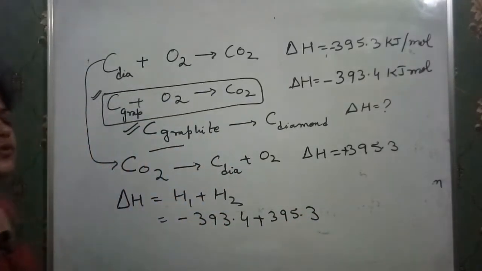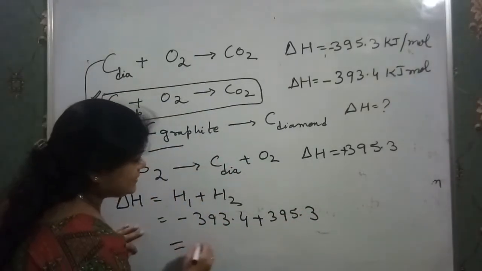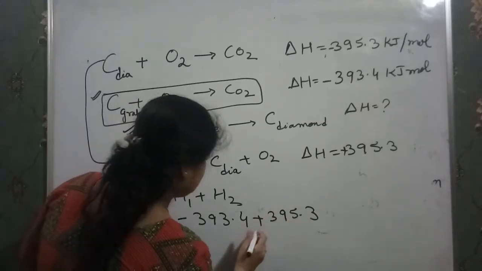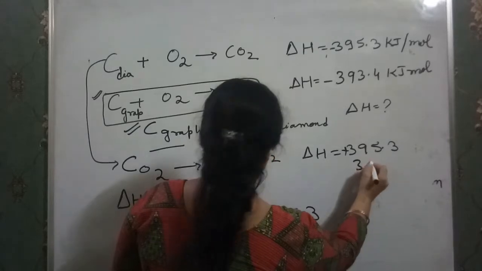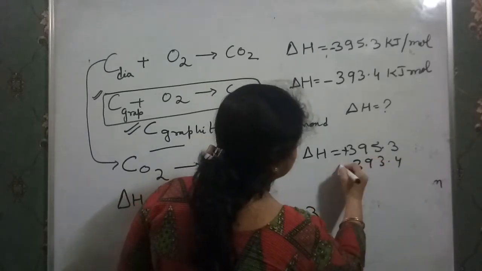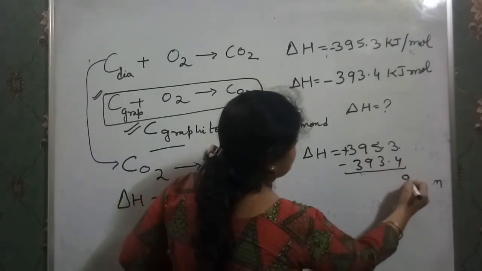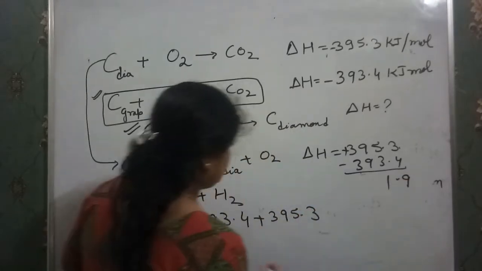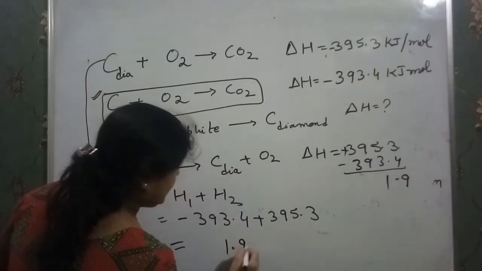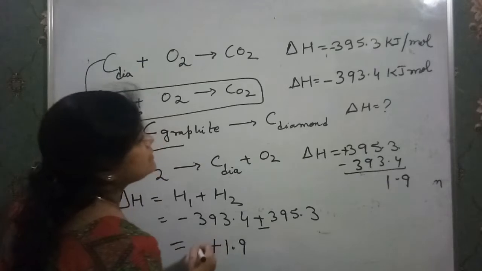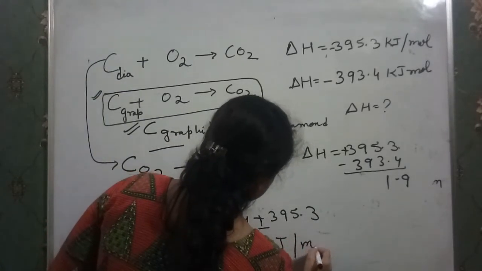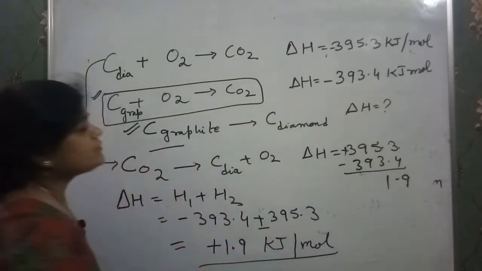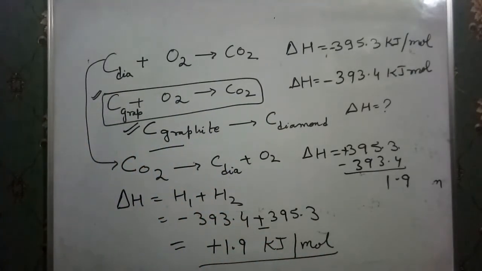Now subtract both of them and we get the answer. 395.3 minus 393.4: 13 minus 4, 9; 4 minus 3, 1. That is 1.9, and it is plus, so we have plus 1.9. Its unit is kilojoule per mole. So in this way, we do these types of questions.